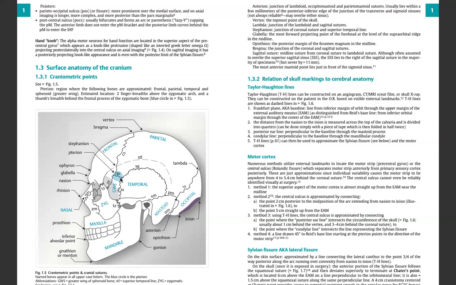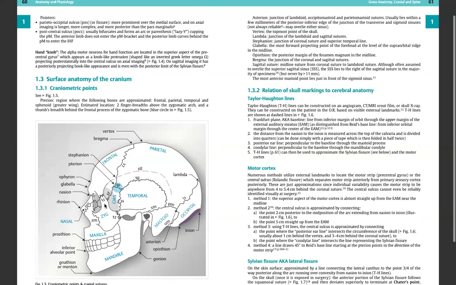Its location is an estimated 2 finger breadths above the zygomatic arch and a thumb's breadth behind the frontal process of the zygomatic. Good. Okay. The thumb's breadth behind here, you find it. The zygomatic arch, 2 finger breadths, you find it.